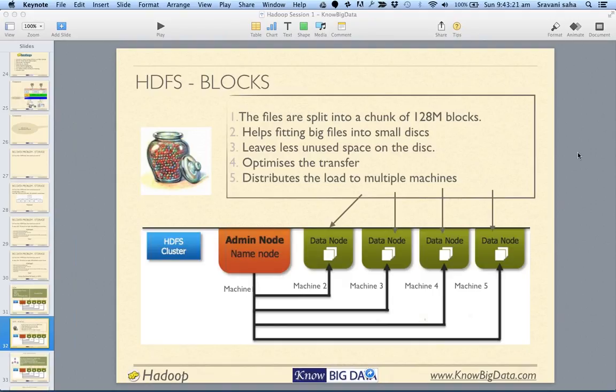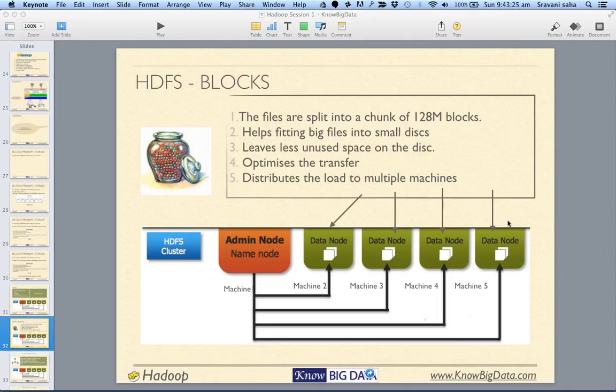Although it is not mandatory that all these blocks are stored on different machines. So you get the reasoning why files are split into chunks. And 128 MB is just one number. Earlier it used to be 64 MB, but now it's 128 MB. All right.